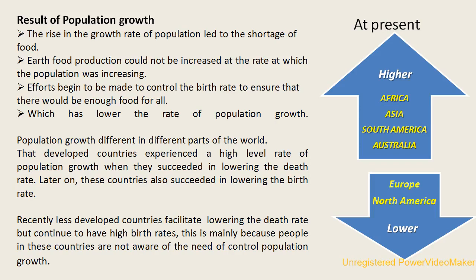When it happened, they succeeded in lowering the death rate with the help of medical facilities, by providing enough facilities for their citizens. They controlled the death rate. At the same time, what happened? They failed to control the birth rate. So the population increased, and they got a high rate of population growth.